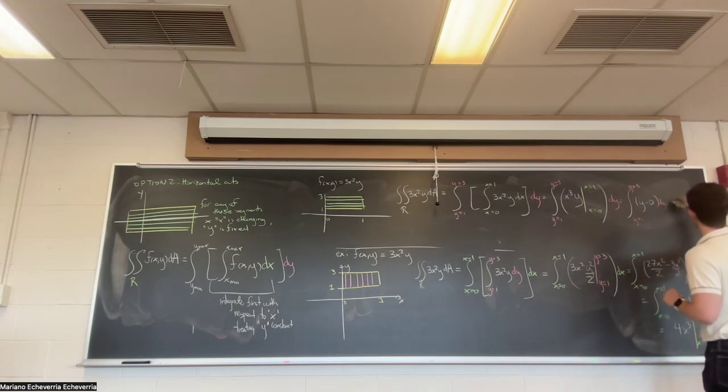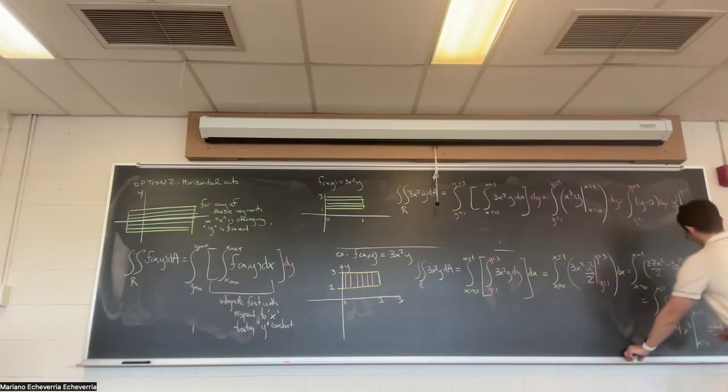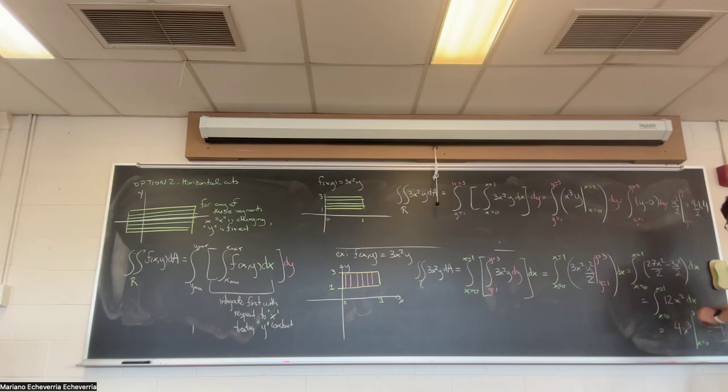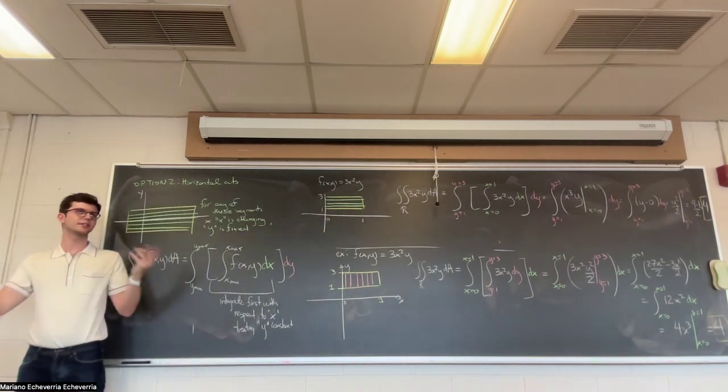Okay. So that's 9 minus 1 over 2. So that's 8 over 2, that's 4. Right. So you'll notice that it is the same number as before because you're literally computing the same thing.